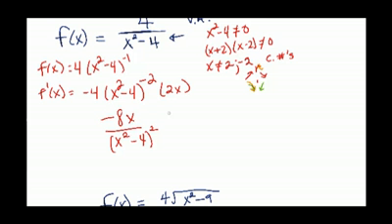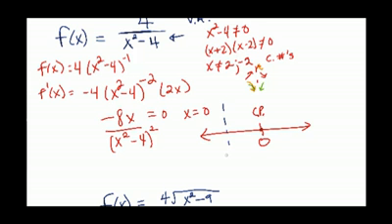If I set the numerator equal to 0, I'm going to get x equals 0 if I divide both sides by negative 8. So now I have to do a number line, and I'm going to plot my one critical point of 0. This is the only one that can be a max or a min. Okay. The other two are what? They are your vertical asymptotes at negative 2.